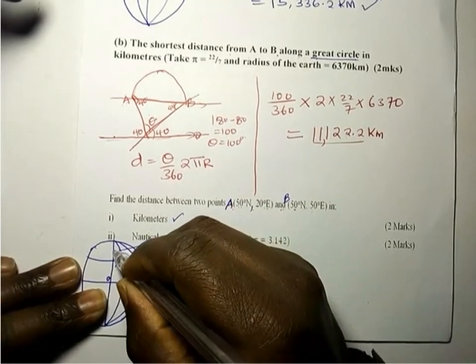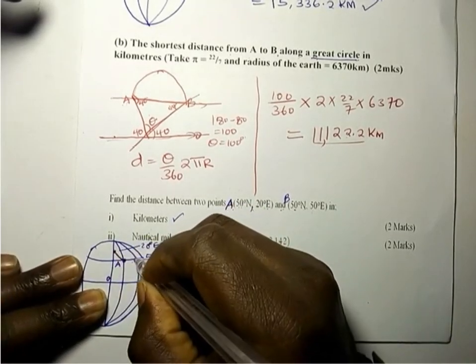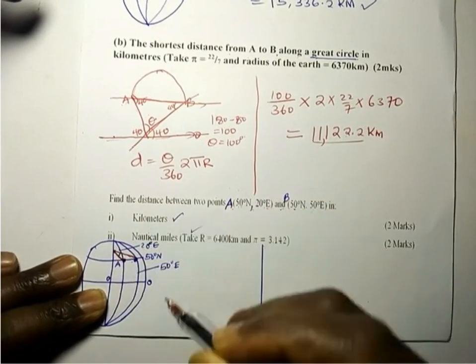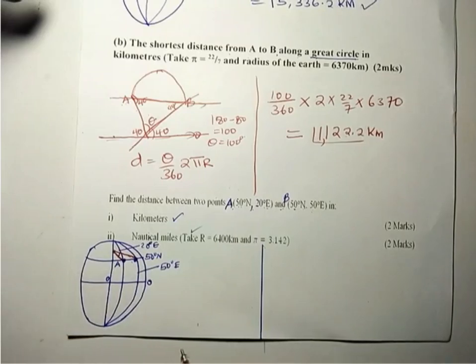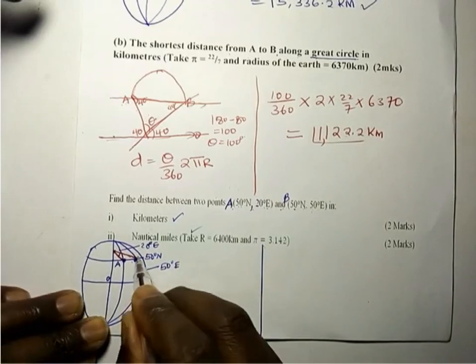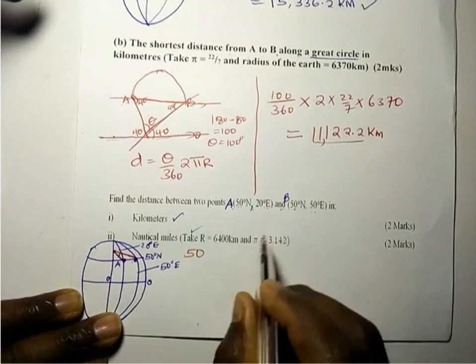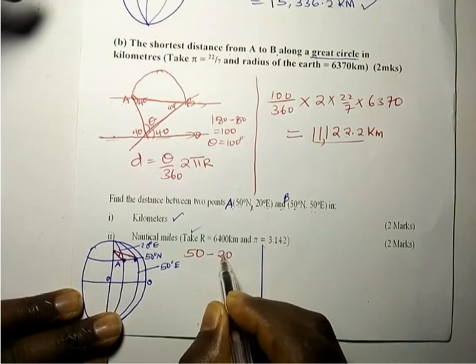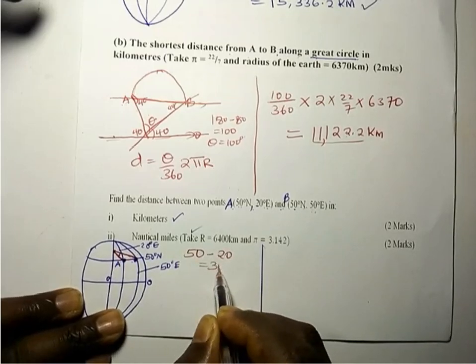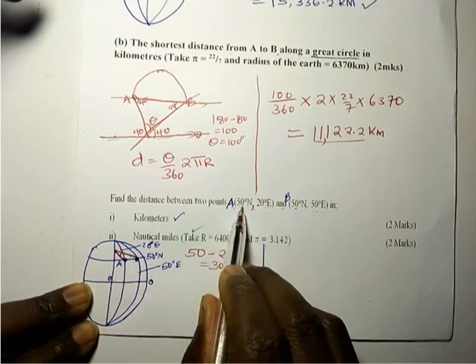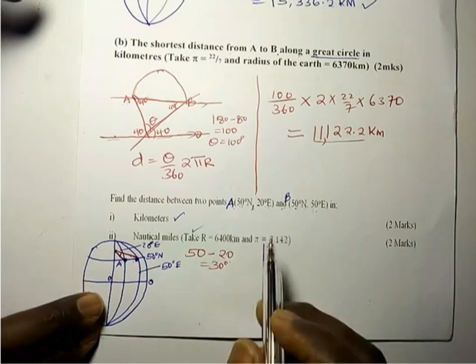The angle they form at the center is that one. So first we get the angle difference. Angle difference is 50 minus 20 because they are on the same side, which is going to be 30 degrees. We realized it is a small circle because it is on 50 degrees north.